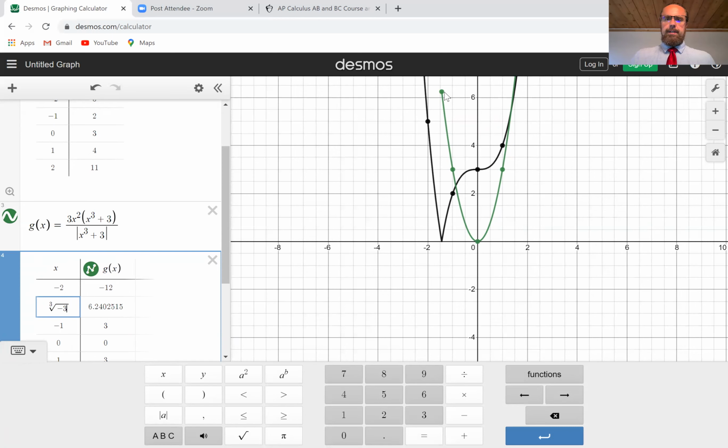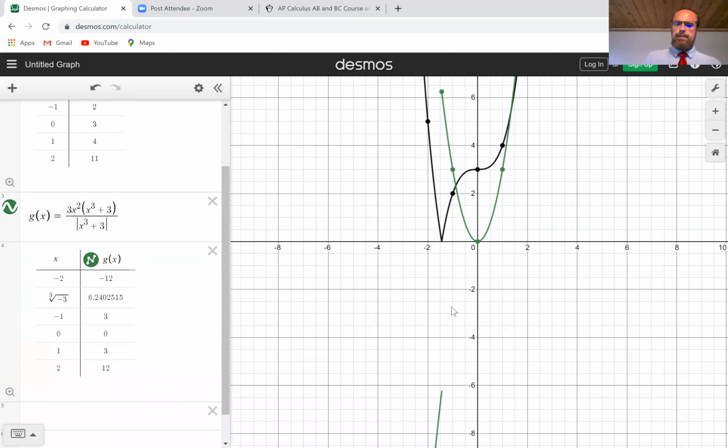And we can see that that's included on that upper part. And notice that it's really not included down here. So my upper version's positive 6.24, my lower version's negative 6.24. It's really a reflected version.